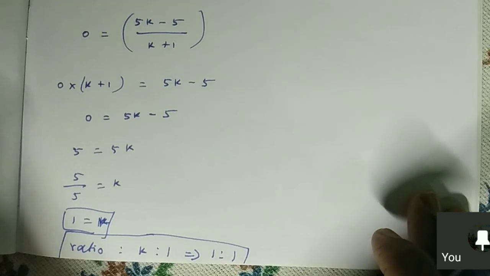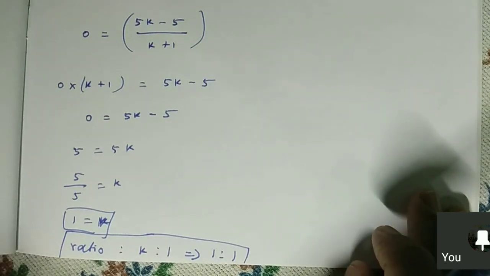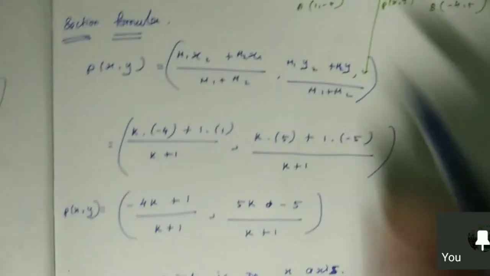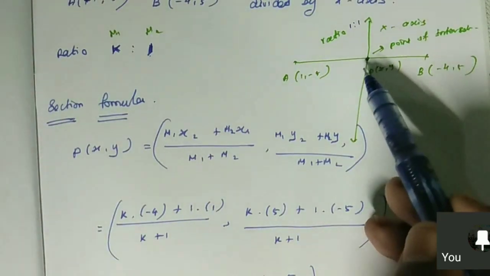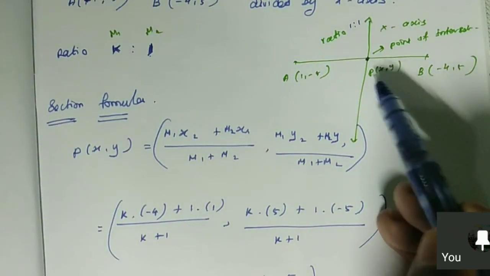But they are also asking for the intersection point. Now that we found the ratio, we can find the intersection point P(x, y).